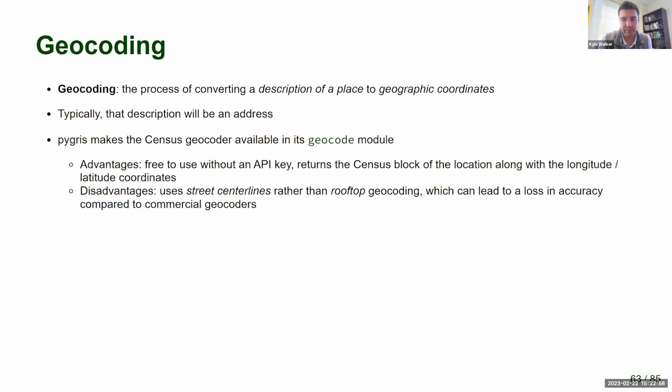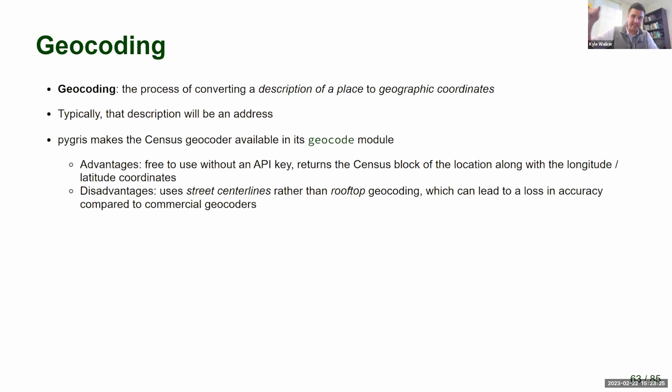The Census Geocoder implements a type of geocoding called street centerlines geocoding, which basically means they take that roads data set, that big roads data set that I showed you earlier, that little extract for Washtenaw County, and they take the whole roads data set for the US, and then they try to match the address. So let's say you're at TCU, at 2800 South University Drive, Fort Worth, Texas.